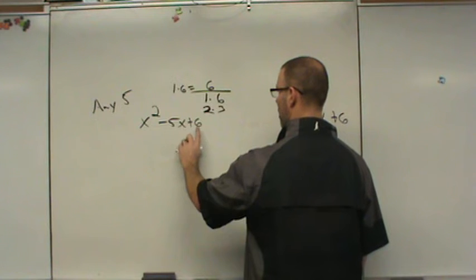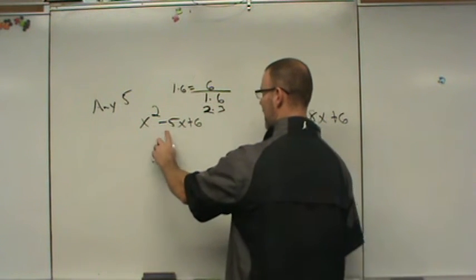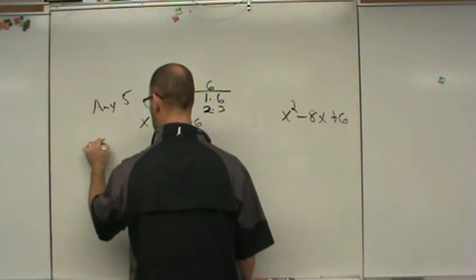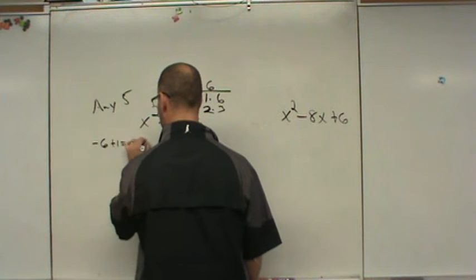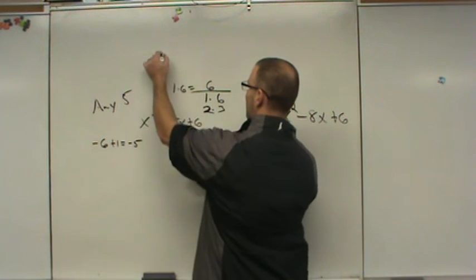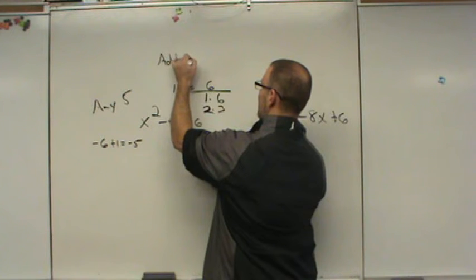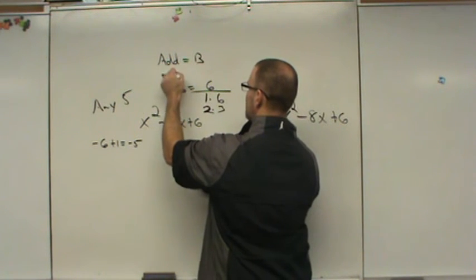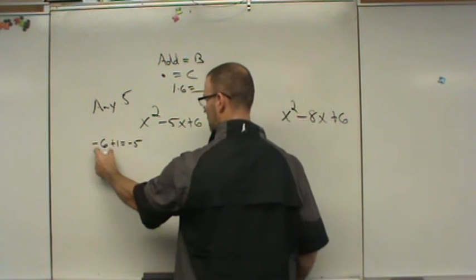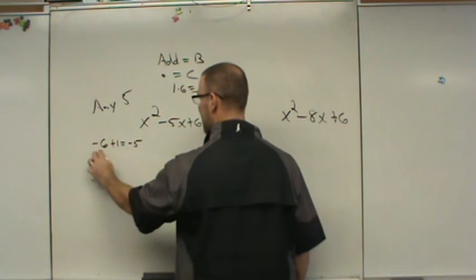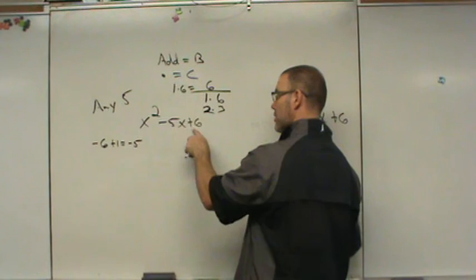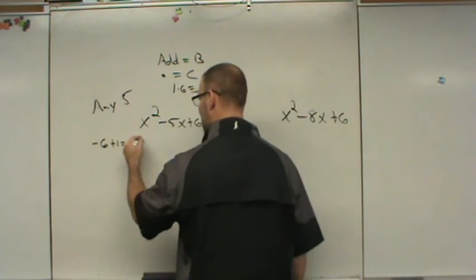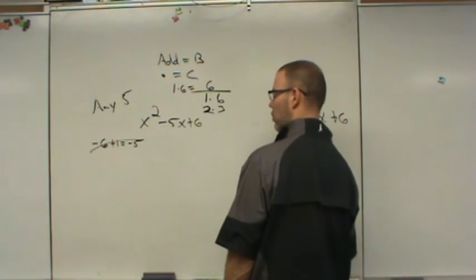Which factors of 6 will give me a negative 5? Well, this is where the thought comes in. Minus 6 plus 1 is negative 5. Yes, that's true. But I want to find factors that add to equal b, but multiply to equal c. 6 times 1 is 6, but negative times a positive is negative. The problem they give me is a positive 6, not a negative 6. So minus 6 and positive 1 don't work.